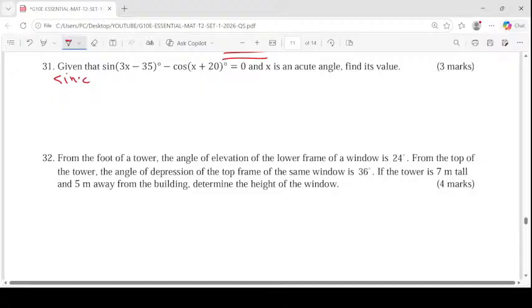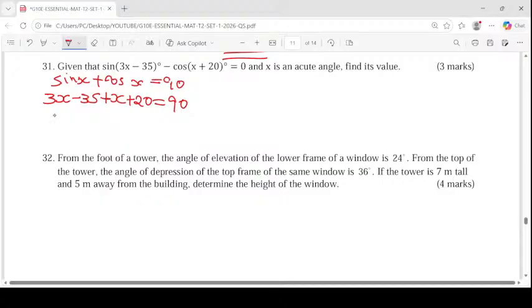When I take the sine value of x plus the cos value of x, I should always be getting 90. So applying that principle here, this means 3x minus 35 plus x plus 20 should be equivalent to 90.